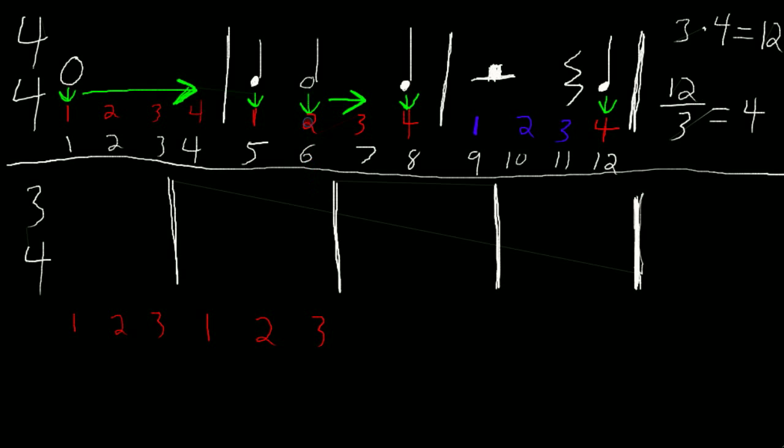Because we know that we're just moving on. We know we need 8 red numbers down here, in groups of 3. So we've got 1, 2, 3, 1, 2, 3, then 1, 2, and then our 9th number is blue, okay?